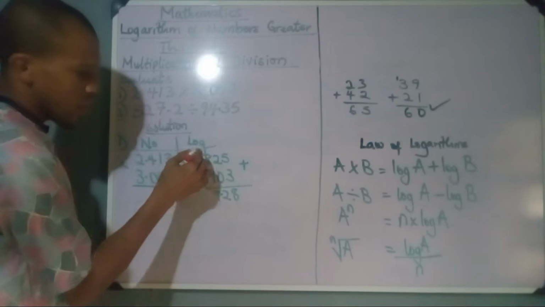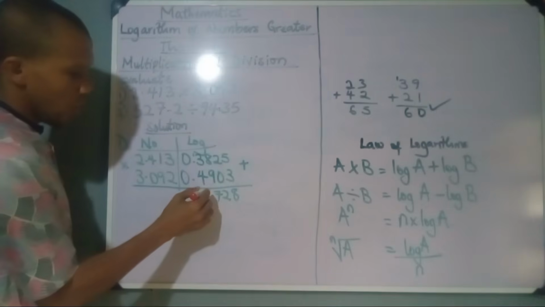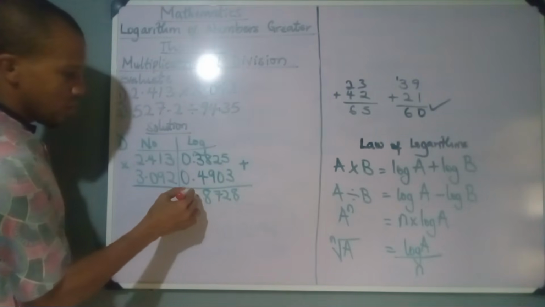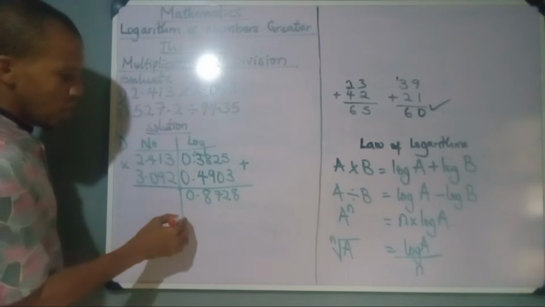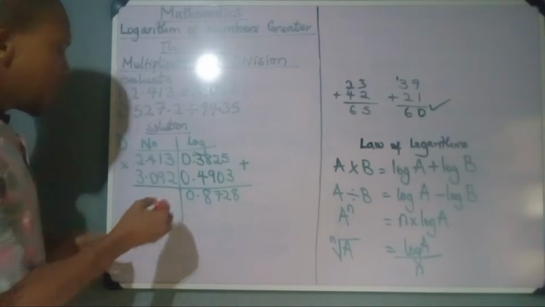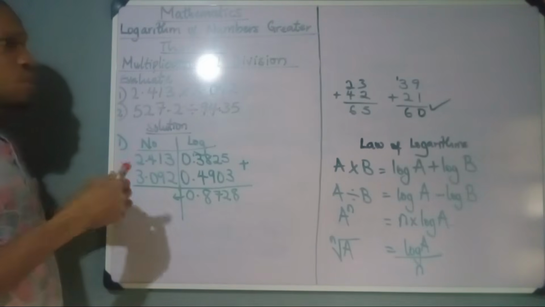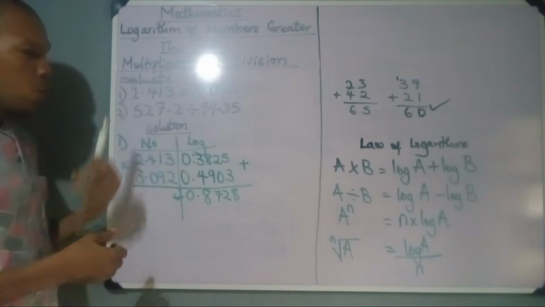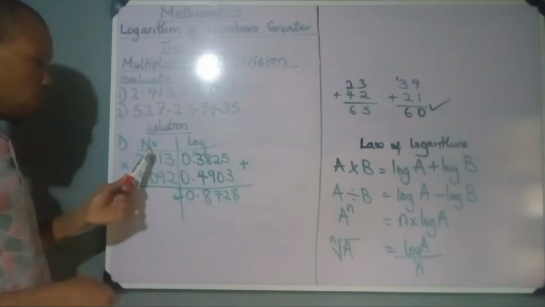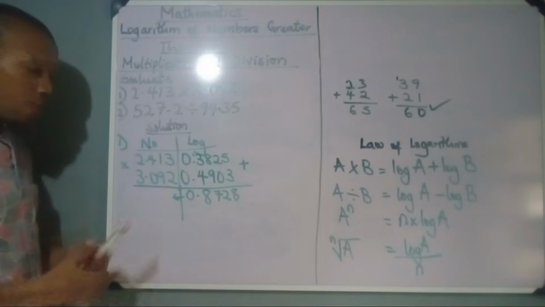We write 7 and carry over 1. 1 plus 3, 4, plus 4, 8. So that will be 0. Now we've gotten the answer in log. How do we now get the right answer as a value in numbers, since we can use logarithms to solve problems of multiplication and division? We don't need our answer just in logarithm. We need the answer as an actual number, as a numerical value.